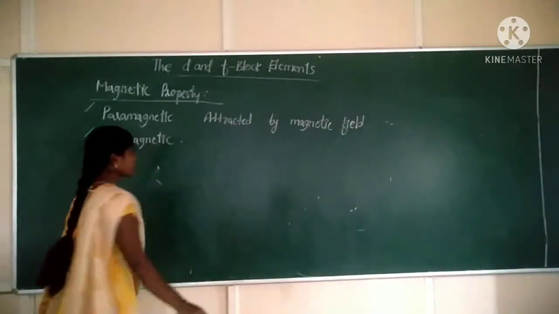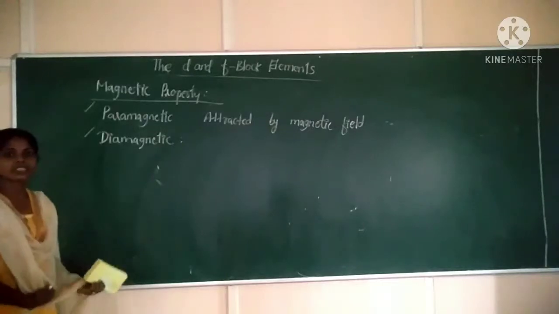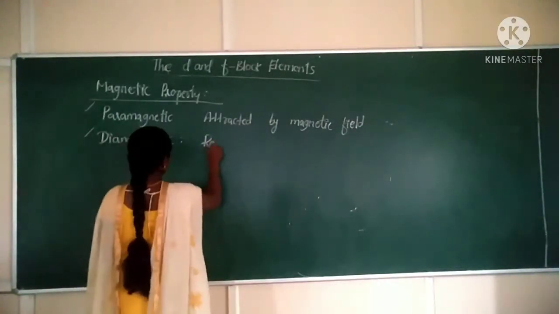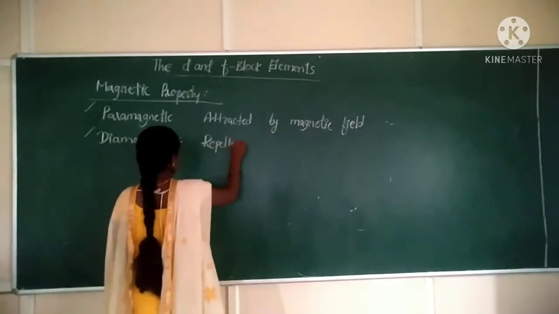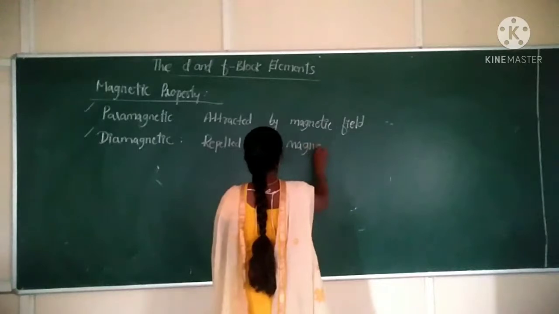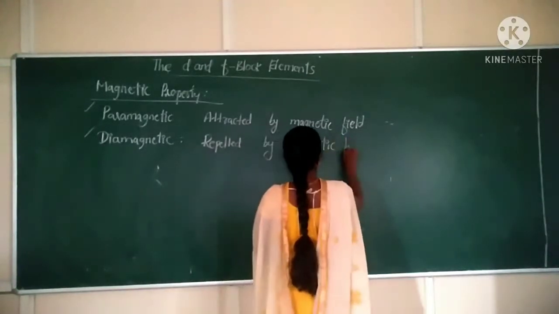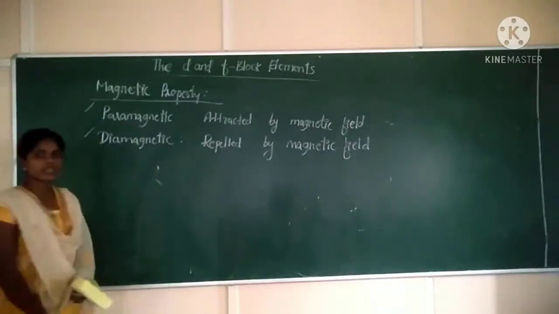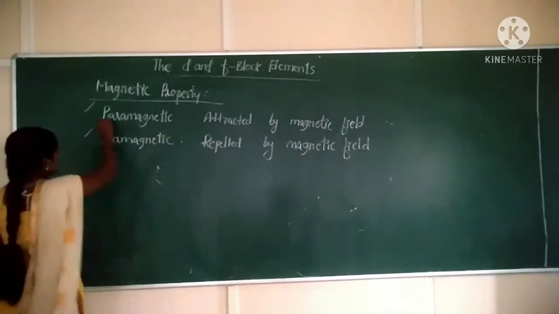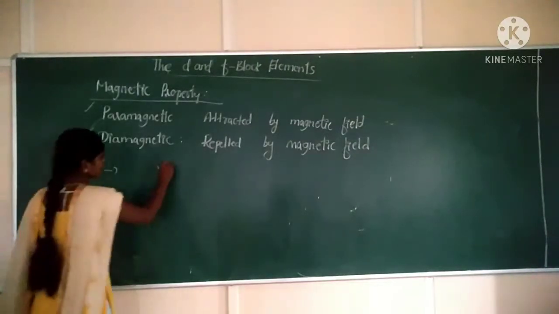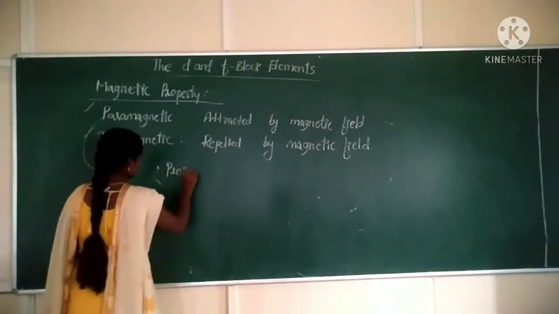Next one is diamagnetic substances. Diamagnetic substances are the substances which are repelled by the magnetic field. Those are said to be diamagnetic substances. Now, paramagnetic character or paramagnetic property is due to the presence of unpaired electrons.